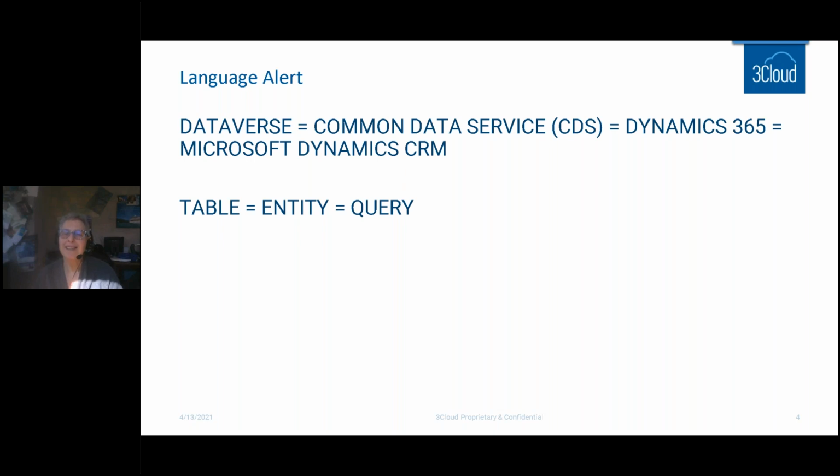And then Dynamics 365 is not exactly the same thing as the Common Data Service and Dataverse, but the database that underlies Dynamics 365 was called the Common Data Service, and the Common Data Service is now called Dataverse. And so in essence, even though they're not exactly the same, these are equivalencies.